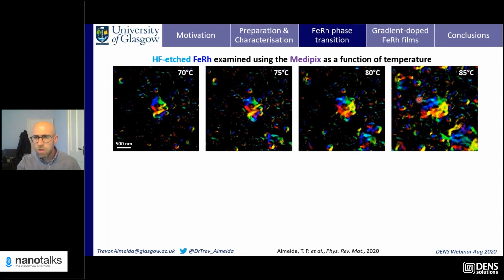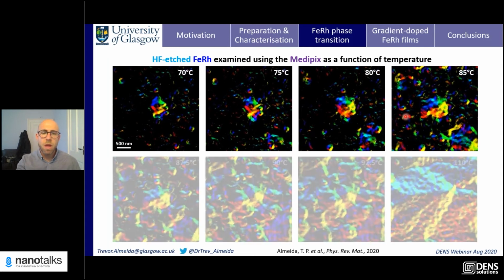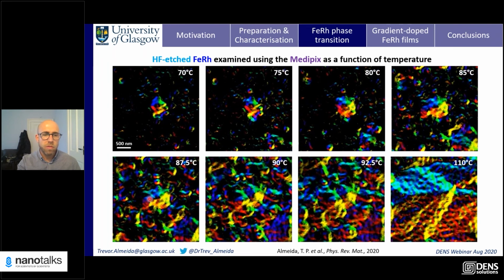We can also see the formation of uniformly magnetized strings across the sample that join these different states as well. And if we keep on heating, we can see that these magnetic vortices and strings tend to agglomerate from their small localized domain size into quite large domain states as we go into the fully ferromagnetic state. So this charts a dynamic progression of the domains as a function of temperature.